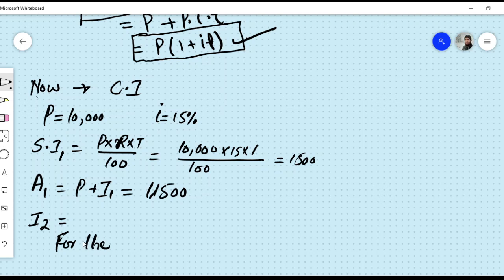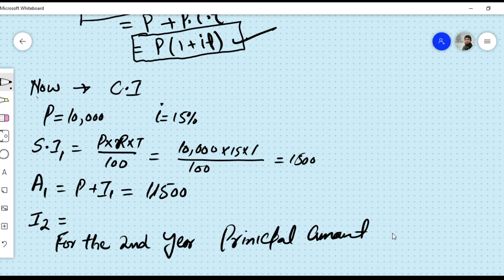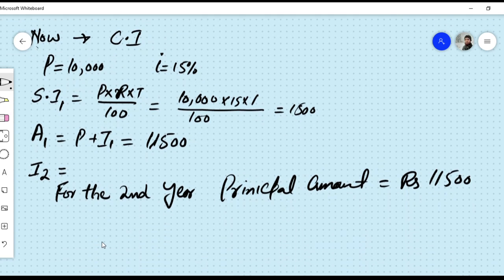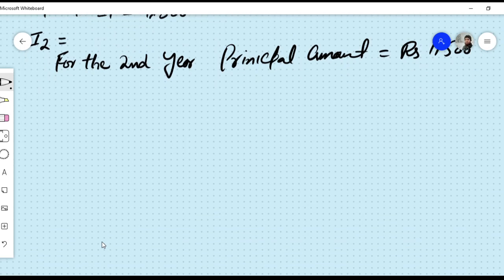For the second year, the principal amount will be rupees 11,500. So this is the major difference between simple interest and compound interest.